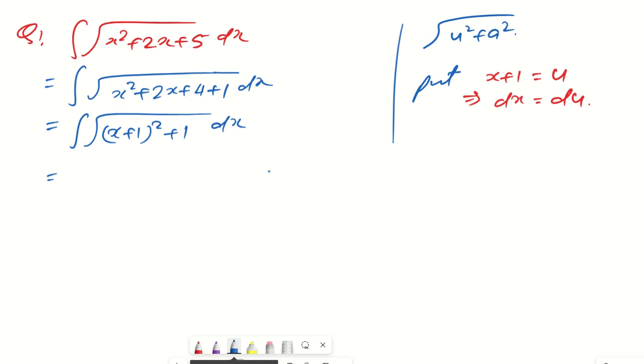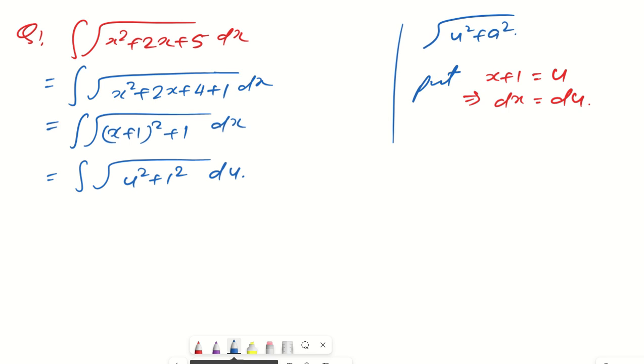By putting this, we are going to get integration of x plus 1 whole square, which becomes u square, plus 1, which is written as 1 square also, right? And dx will be written as du. So it is of the form of u square plus a square. So you know the formula for u square plus a square. So what was that?